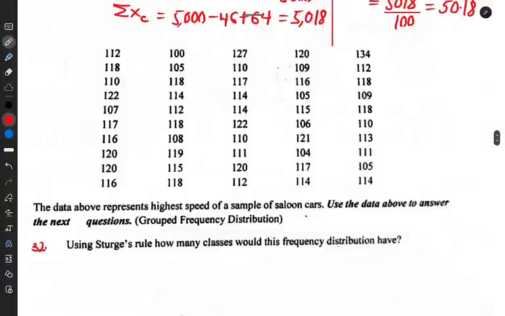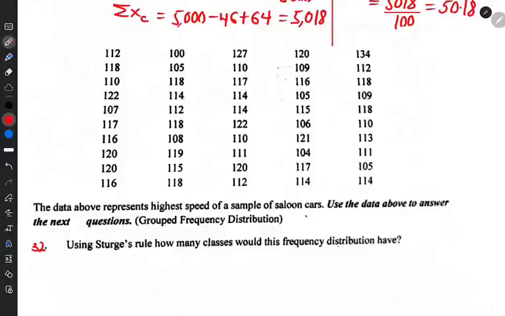So let's see how we go. Using the Sturges rule, how many classes would this frequency distribution have? Before we can apply that, we need to know the total number of data, in terms of frequency. In terms of the columns, we have 1, 2, 3, 4, 5, 6, 7, 8, 9, 10.